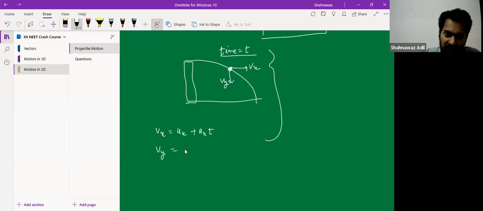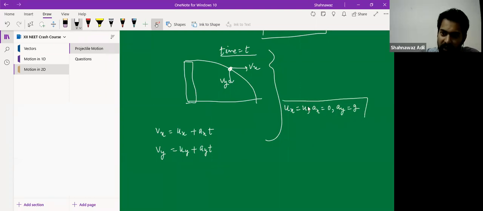Abhinav, what will be Vy? Sir, Uy plus Ayt. Right. Absolutely right. So again, we have the prior information that Ux is U, Ax is 0, and Ay is G, right?